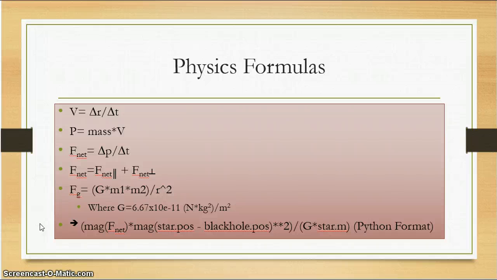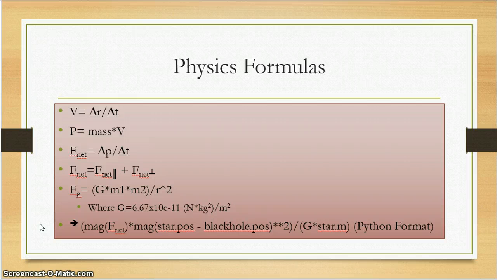The last formula we would use to find the mass of the black hole was the gravitational force between 2 points. The gravitational force between 2 points is given as the gravitational constant times the first mass times the second mass over the distance between the 2 points squared times r hat.